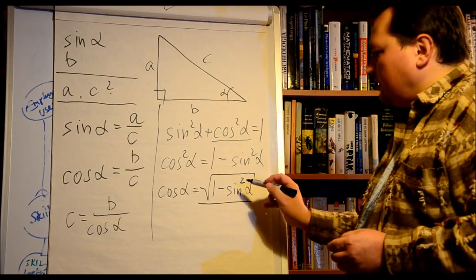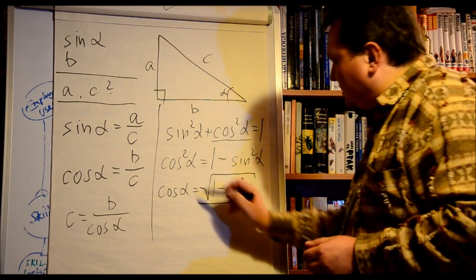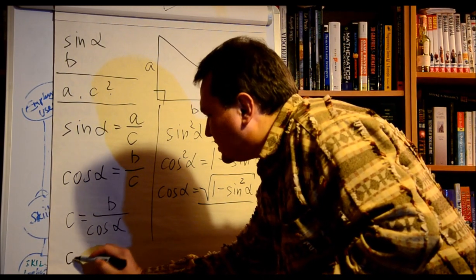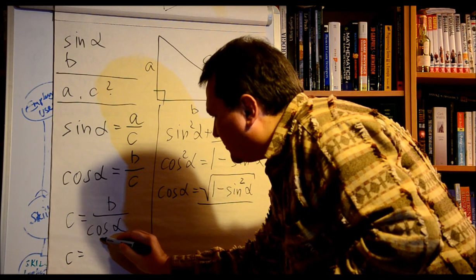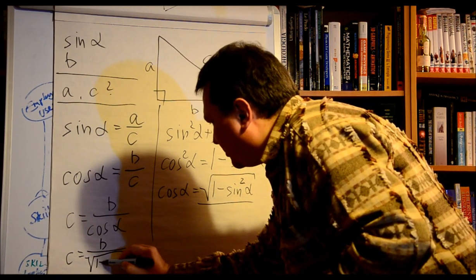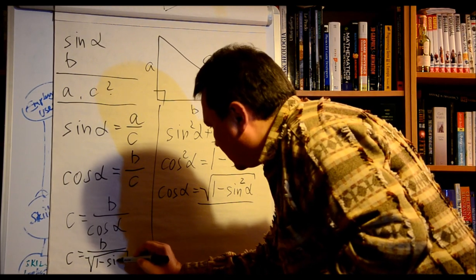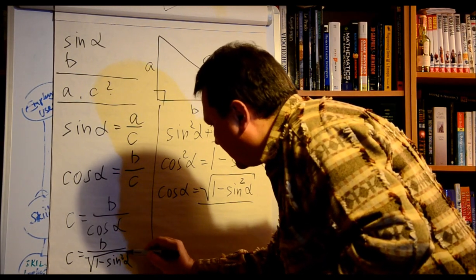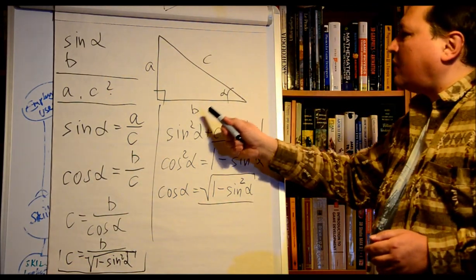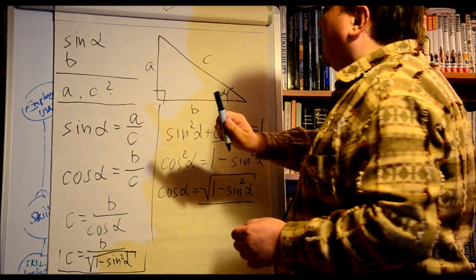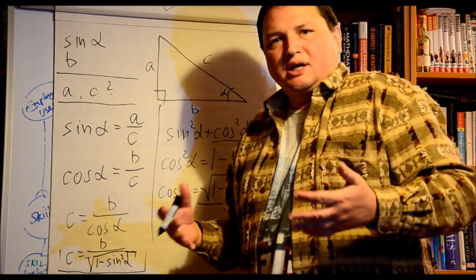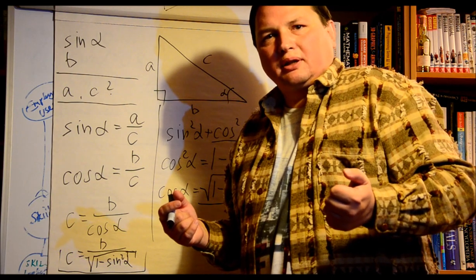Here it is. Now, substituting this result to this formula here, we get C equals B divided by square root of 1 minus sine square alpha. And this is our result. I will not present how to find A, because it's the same method as last time. We would just apply Pythagorean equation.